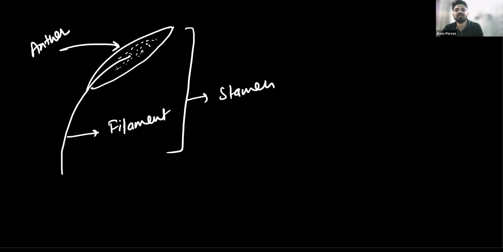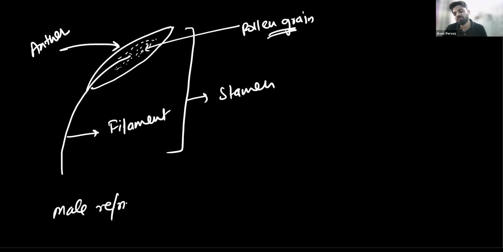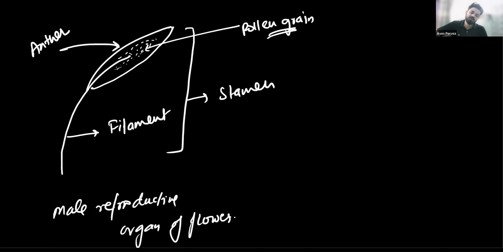Inside the anther, pollen grains are present. This is the male reproductive organ of the flower. Okay, you understood?